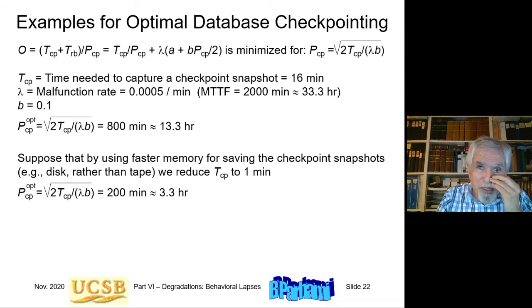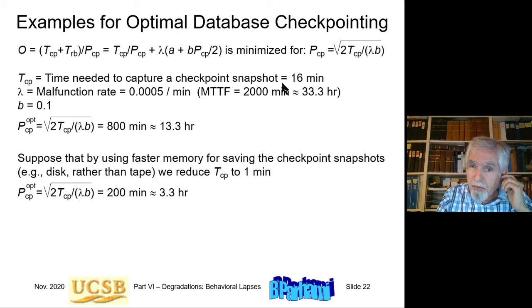So here are some numerical examples that I'll let you read on your own. Here with different TCPs, 16-minute checkpointing overhead. In the second example, we have, let's say, 1 minute.